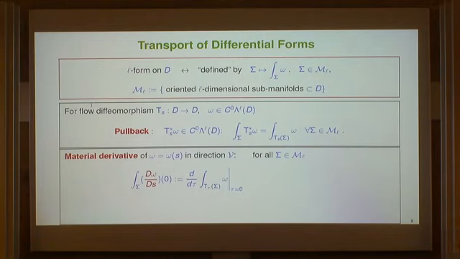Sigma is an oriented k-dimensional submanifold. Is that a smooth manifold? This is a tricky question. When you want to answer this rigorously, then you have to dig into what is called geometric integration theory. For my purposes, it's just, say, piecewise smooth curves, piecewise smooth surfaces.